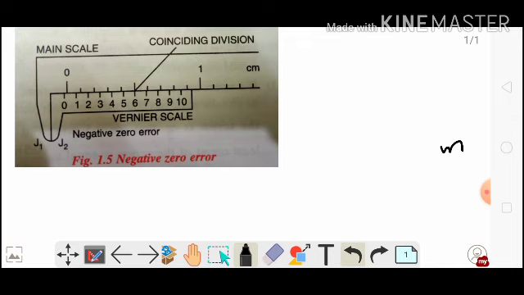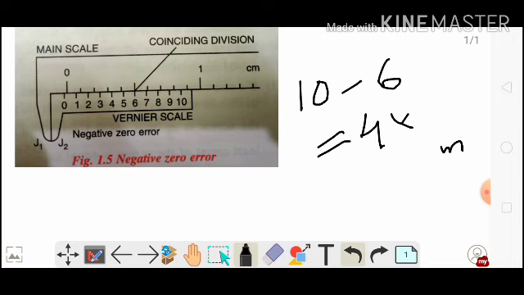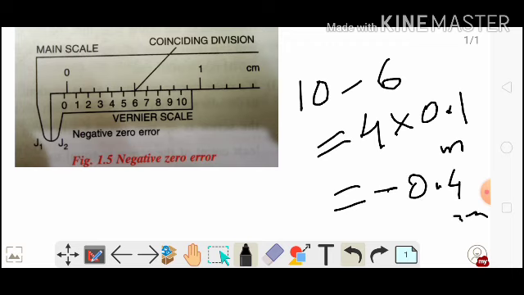So here the vernier division is 6 and 10 minus 6 is equal to 4. So this is the actual value of the negative zero error, and just multiply it with the least count, 0.1 millimeter or 0.01 centimeter. So the value of negative zero error will be 0.4 mm with a negative sign.